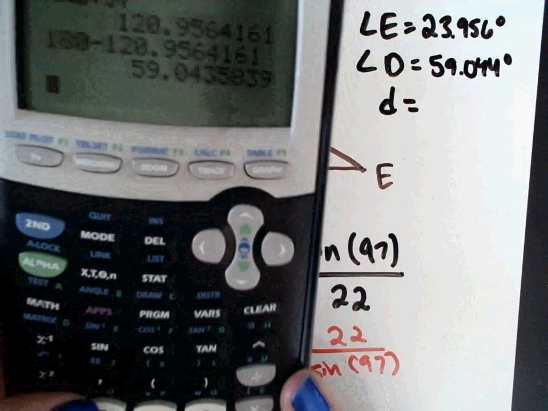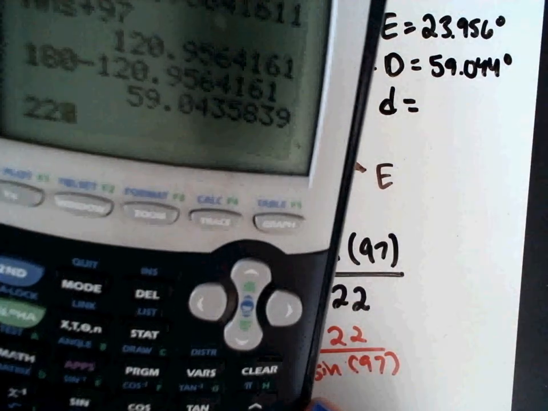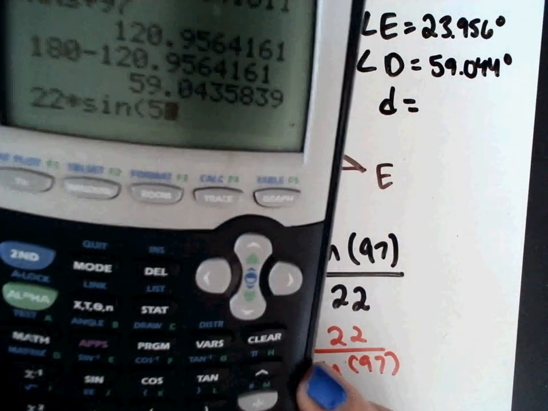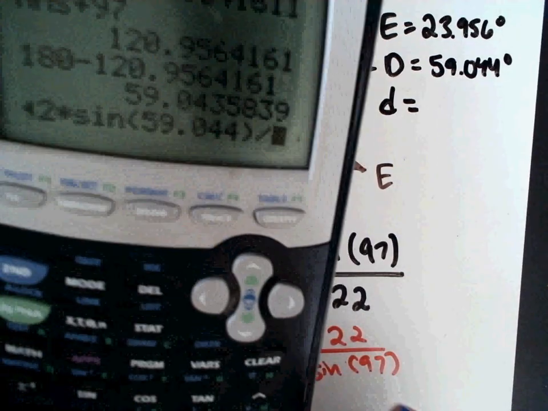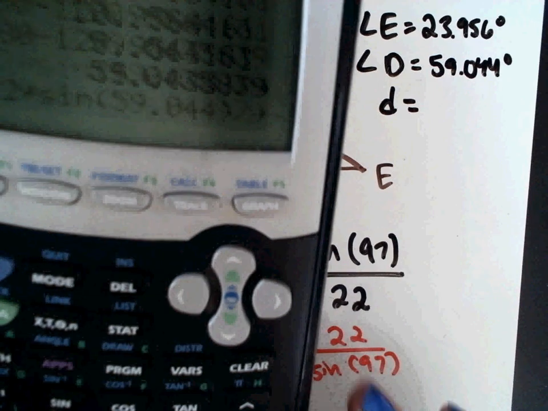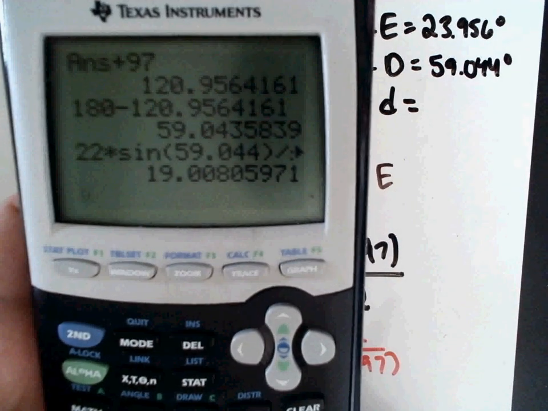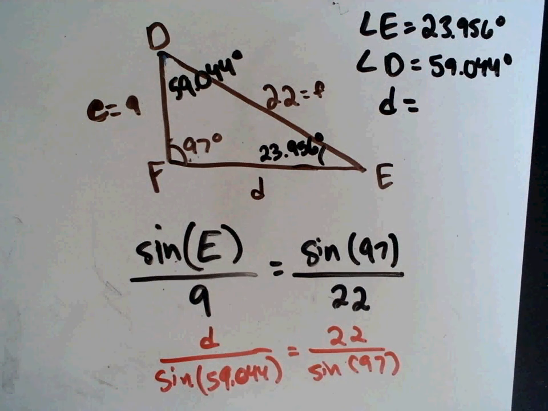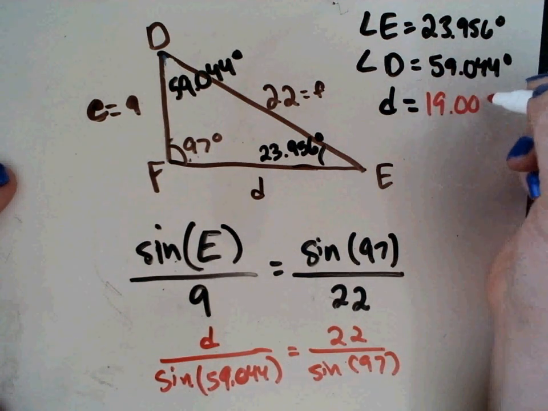So we multiply by sine of 59.044: 22 times sine of 59.044 divided by sine of 97 is 19.008.